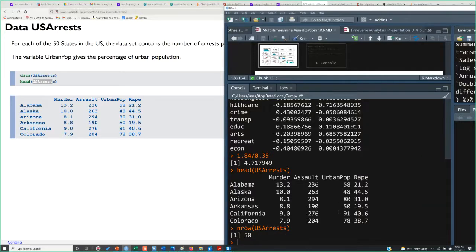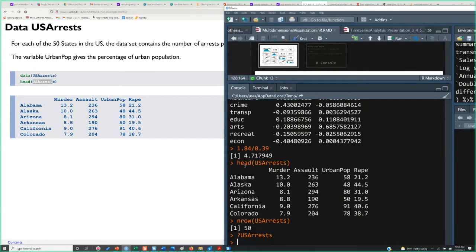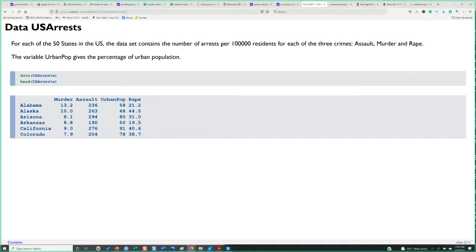Urban population, great. Okay, so let me query this, and it will give me some information about the file. This is arrests per 100,000 residents for each of the 3 crimes: assault, murder, and rape.